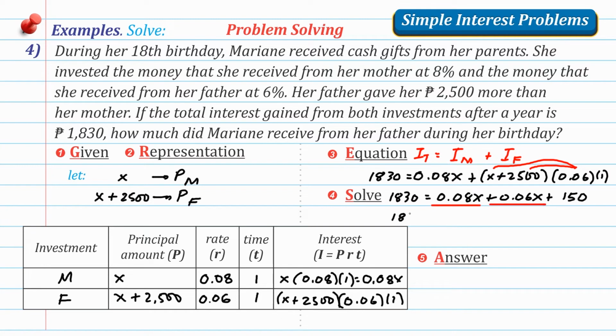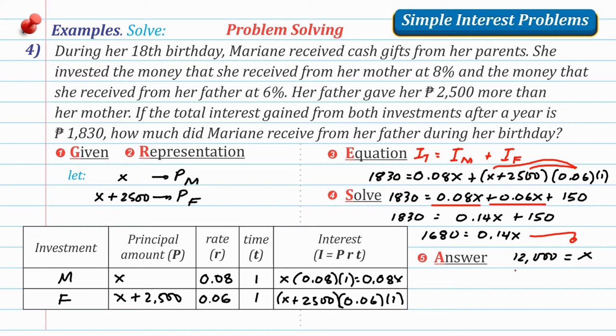We now have 1,830 is equal to 0.14x. Don't forget to be careful with your decimal. Plus 150. Now, transposing, we have 1,830 on the left minus transpose this 150 is 1,680. And it's equal to 0.14x. Of course, we can solve it here. We now have x, finally, it's 1,680 divided by 0.14, it's 12,000.